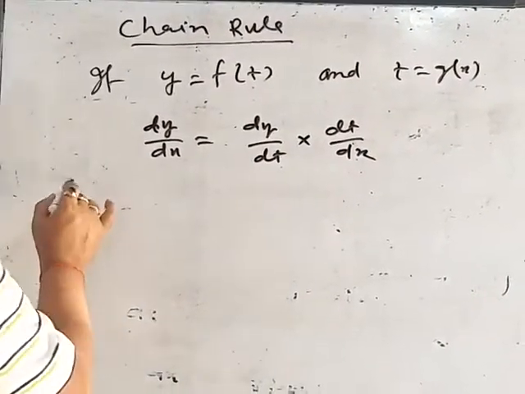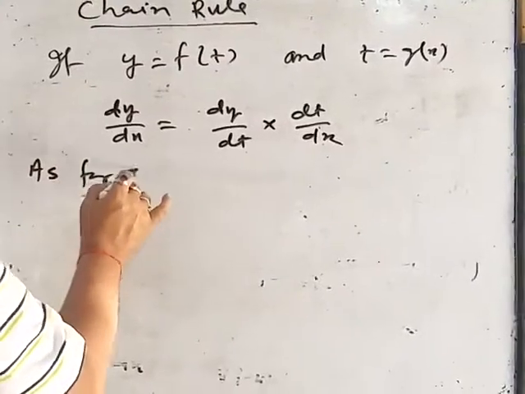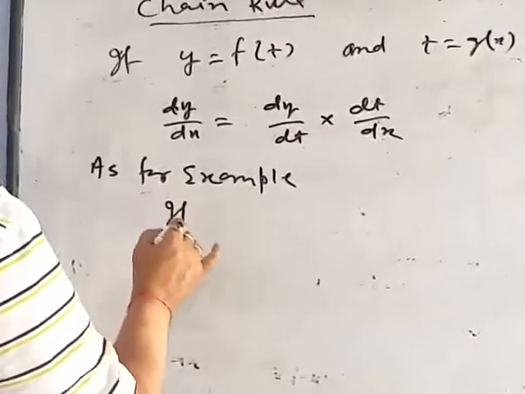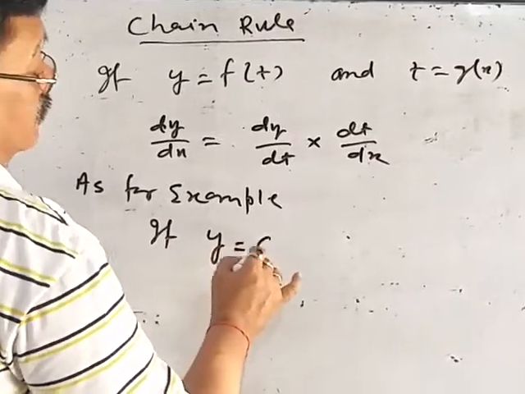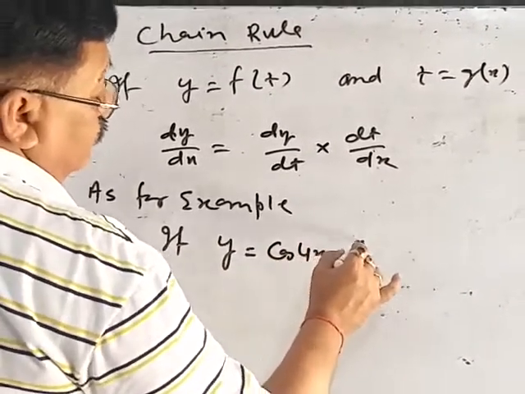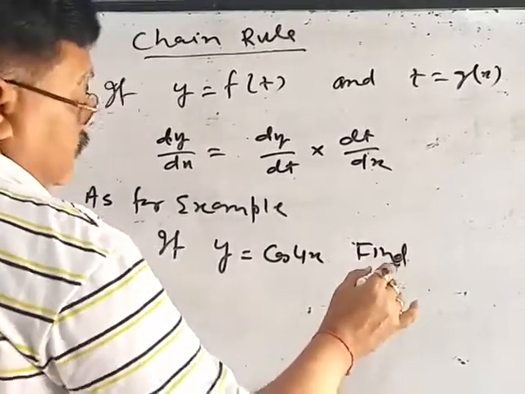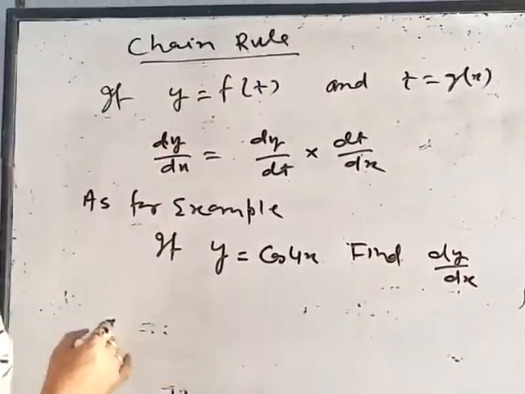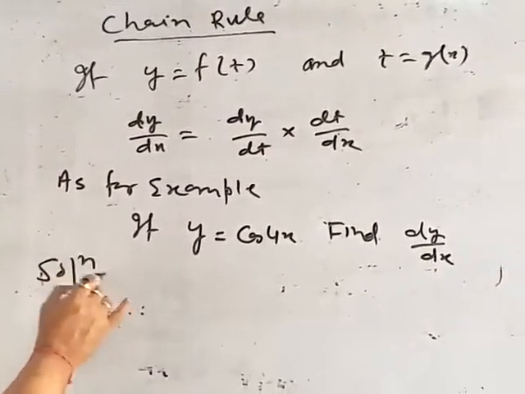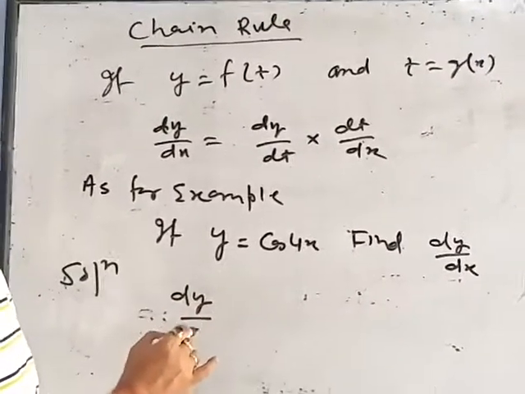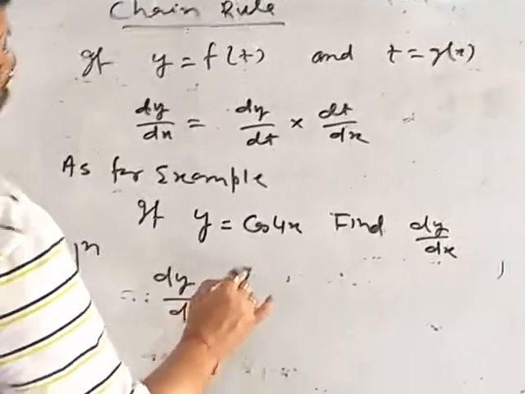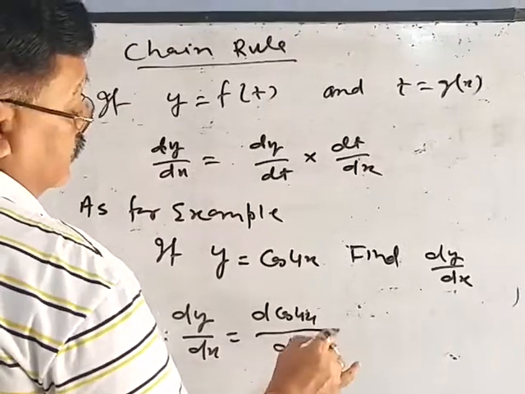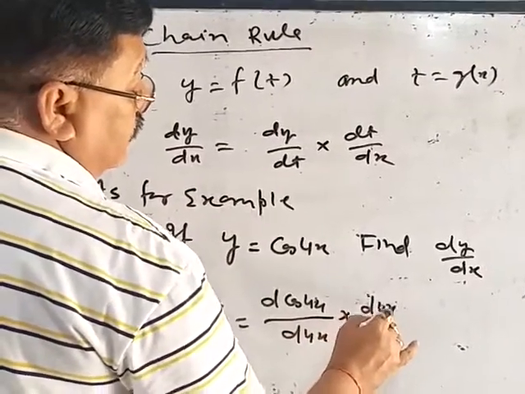As for example, if y is equal to cos 4x, find dy by dx. Then solution: dy by dx is d cos 4x by d 4x into d 4x by dx.